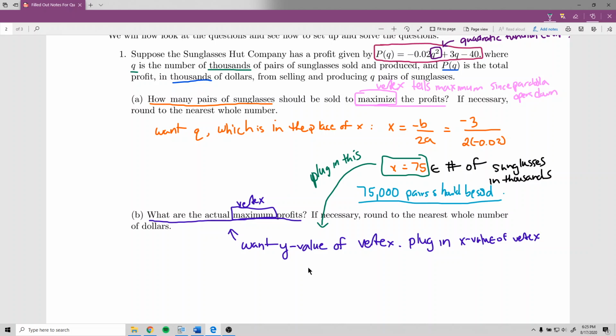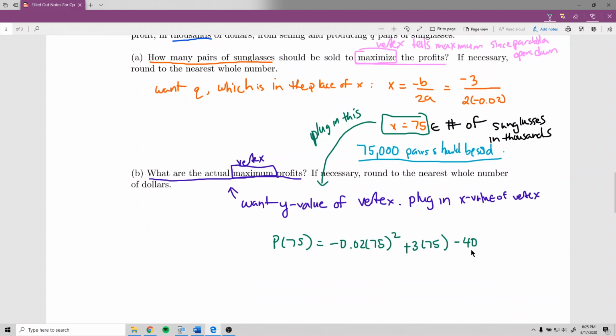Okay, so we plug in 75, we get P of 75 equals negative 0.02 times 75 squared in the place of Q, plus 3 times 75 minus 40.